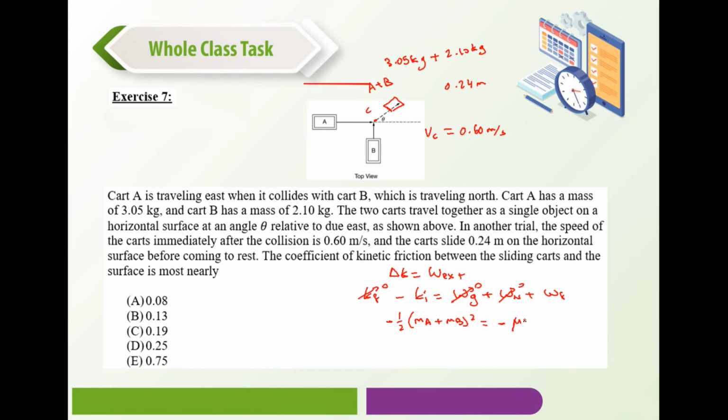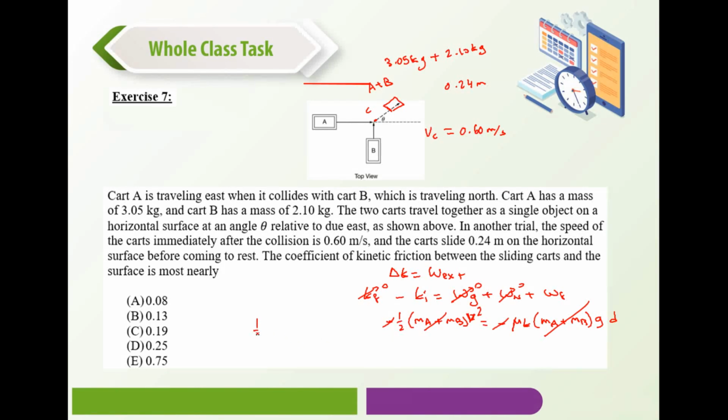That would be minus mu k multiplied by the combined mass multiplied by g multiplied by the distance d which is traveled. Masses cancel perfectly. The minus sign cancels as well.